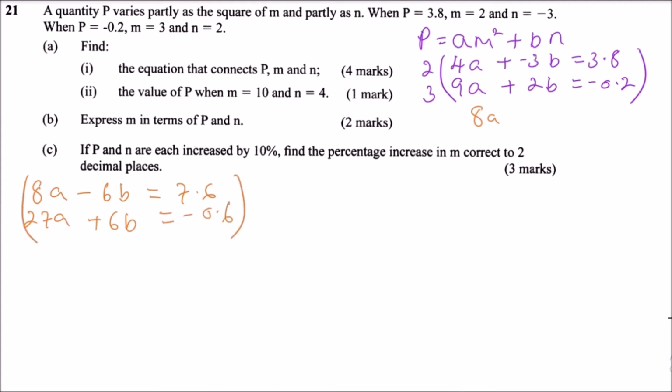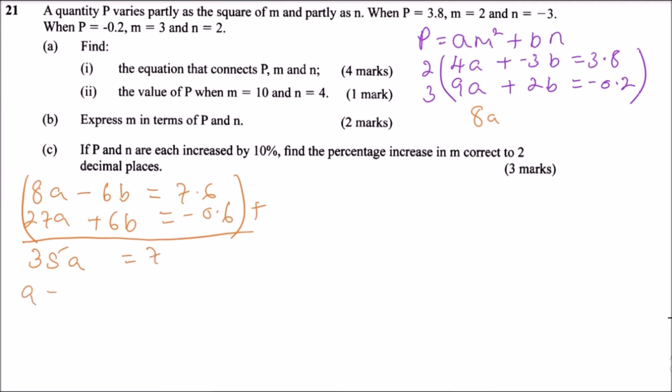So we can eliminate b by adding, because this is minus and this is plus, so when you add, you get 35a is equals to, minus 7.6 plus minus 0.6 will give you 7.